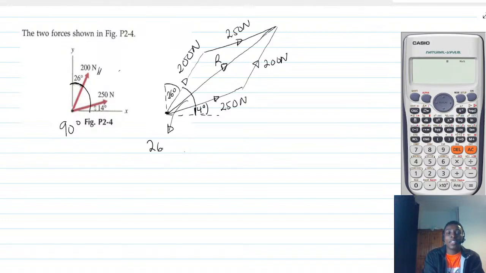So 26 plus alpha plus 14 degrees should be equal to 90 degrees.